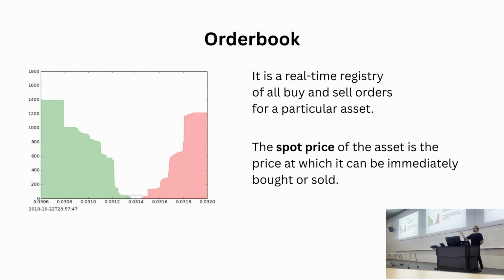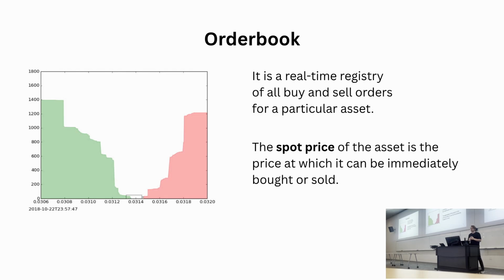Essentially, the buyers are going to be willing to buy for a smaller price than the sellers will be willing to sell. And the y-axis is the size. So if you're looking at, let's say, the price of 3 cents, there might be 2,000 Bitcoins offered at that price.